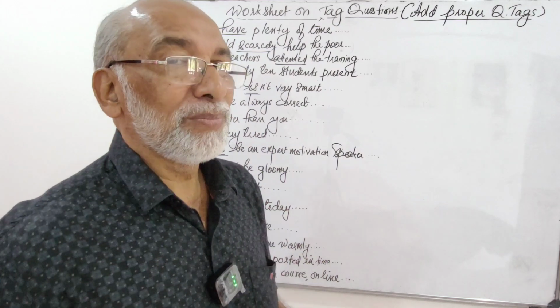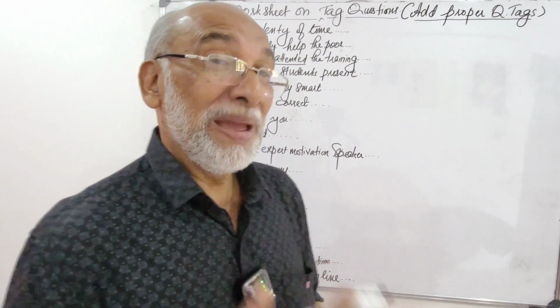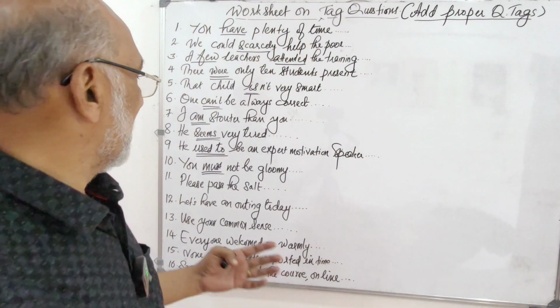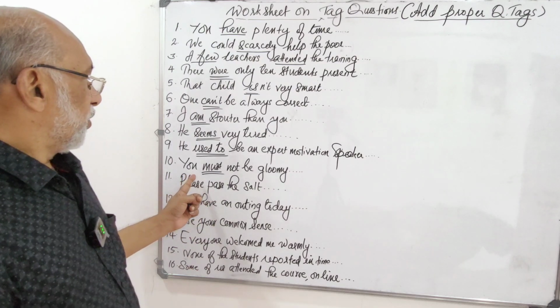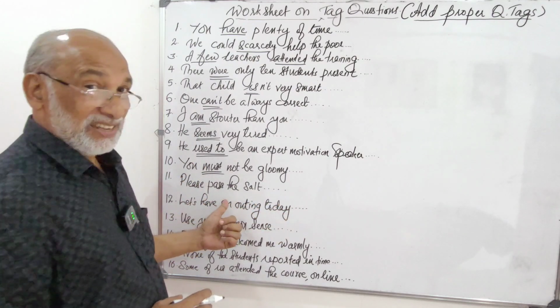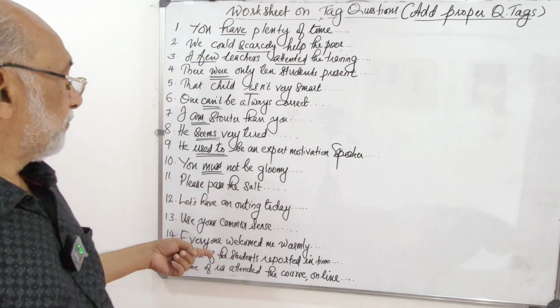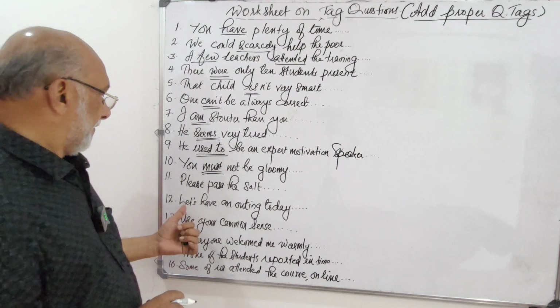I don't say it's wrong, but it's always good to be good mannered when you eat with others, when you share the same table. Then please pass the salt. It's a different type of sentence, a simple request, imperative. What type of tag is to be added, you have to decide.